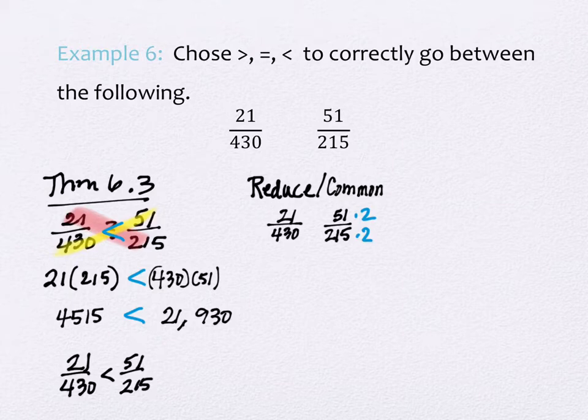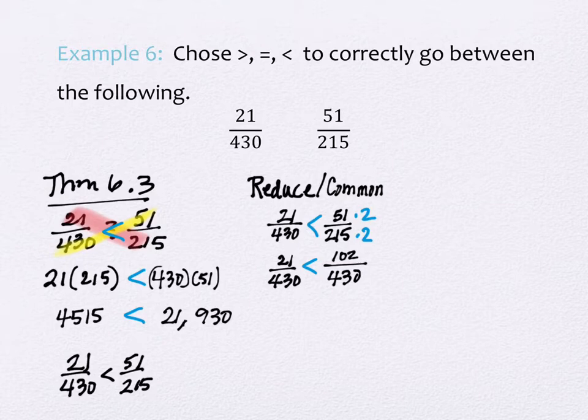So we still have that same 21 over 430. And now I've got a 430 in the second denominator. And what's my numerator going to be? 102. And 102 is most assuredly larger than 21. So once again, the direction of the inequality opens towards the 102, which is larger, which again means my 51 over 215 is larger. Okay?